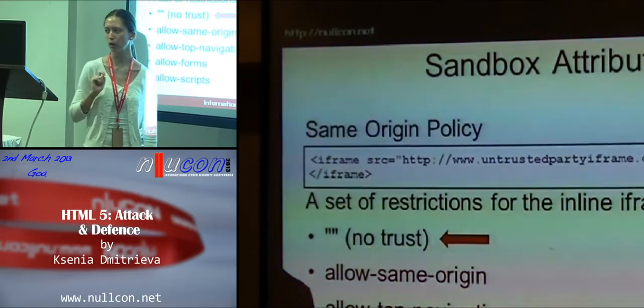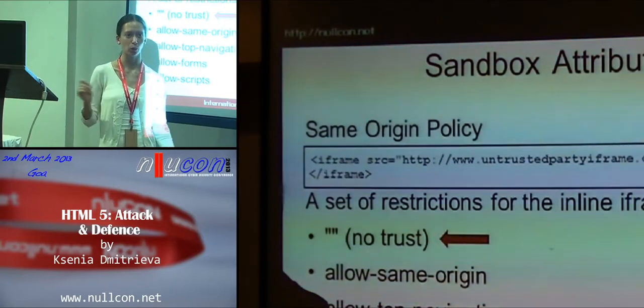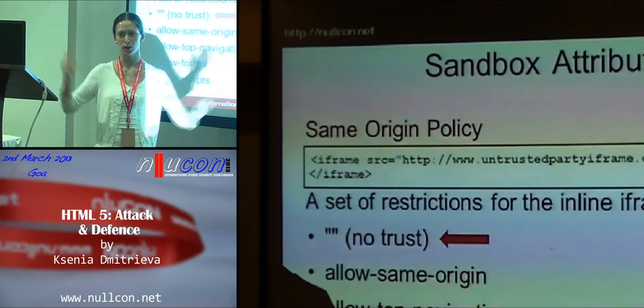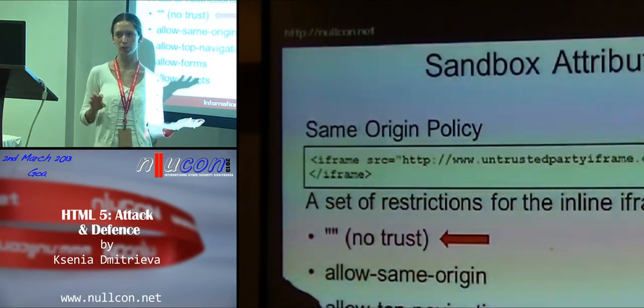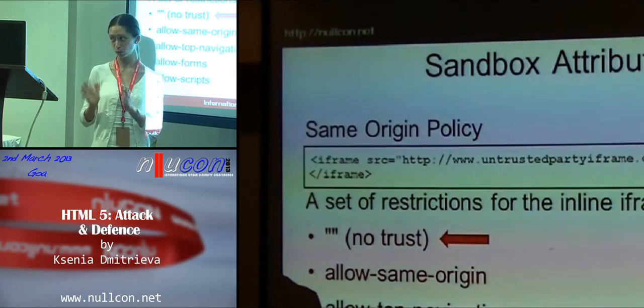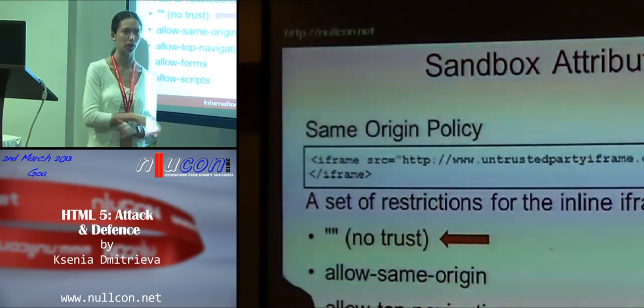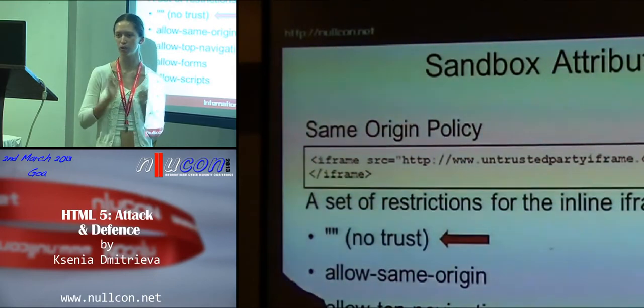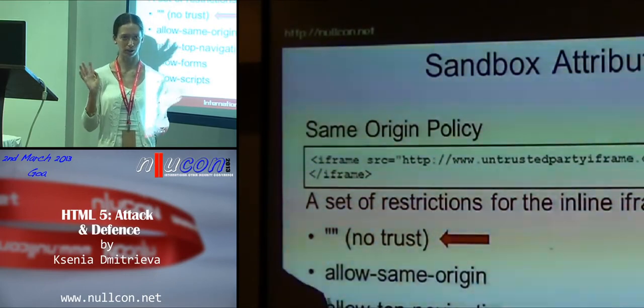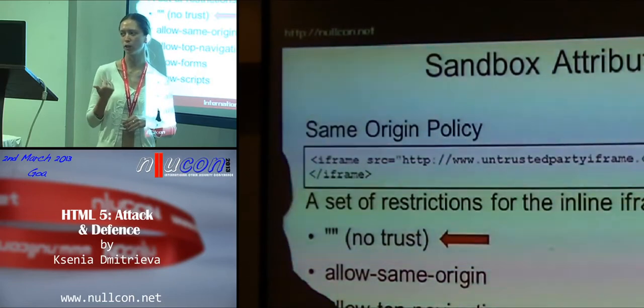The other ones are allow-same-origin, which means give all the control. Tell the web browser that this iframe that comes from a third-party malicious domain is from the same origin as the parent document. So it can do anything: read DOM, modify DOM, send data, send forms, anything. You can also set it to allow-top-navigation.